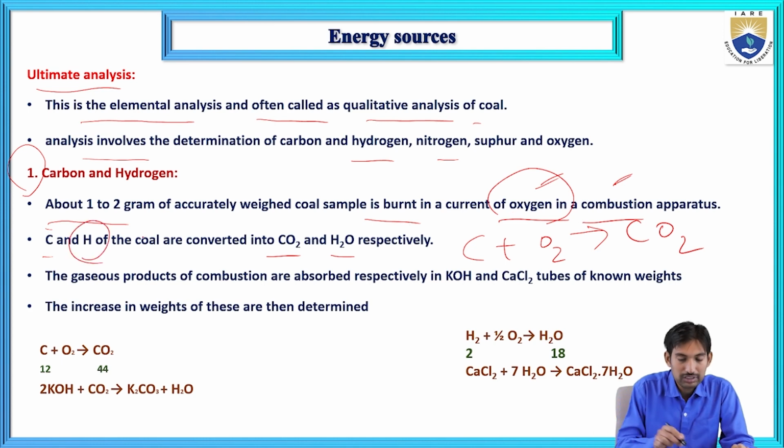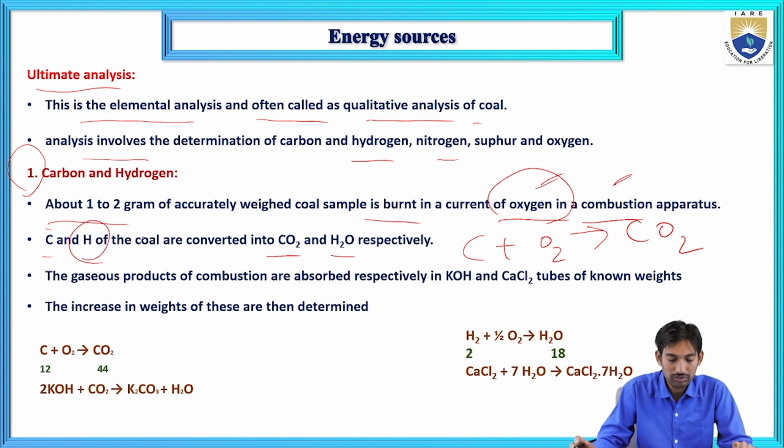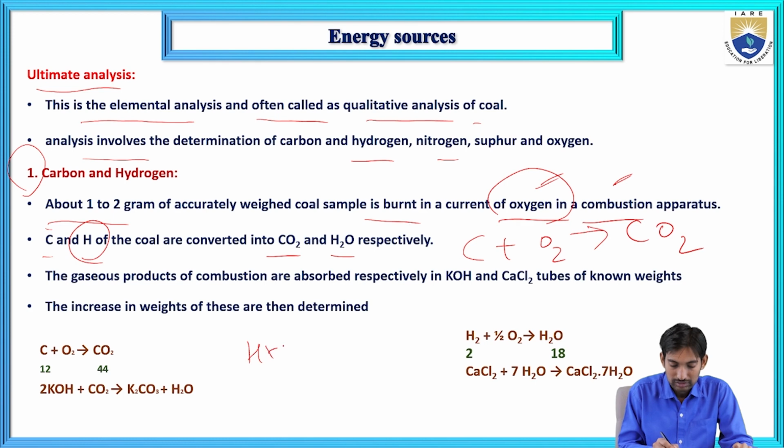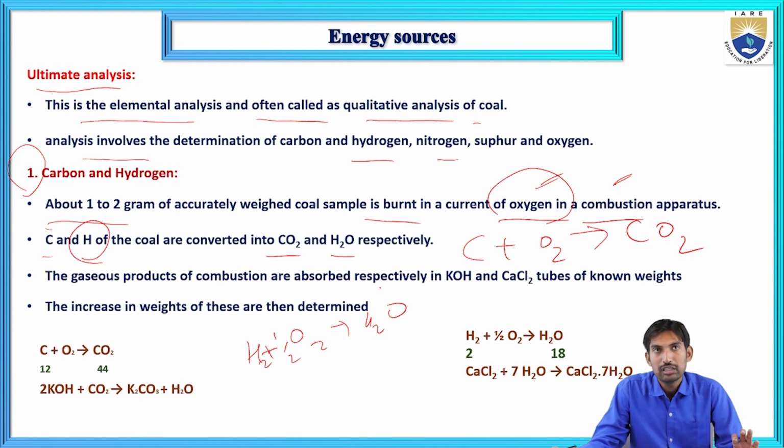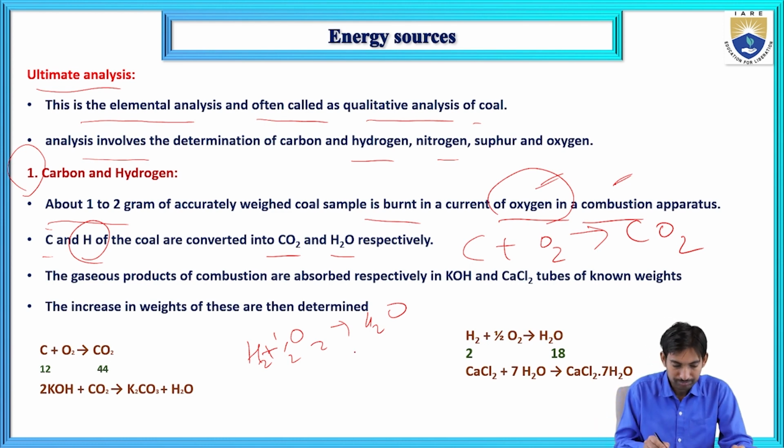Similarly, the hydrogen present in the coal reacts with oxygen: H2 plus O2 gives H2O. If you burn them in presence of oxygen, carbon forms CO2 and hydrogen forms water molecules.